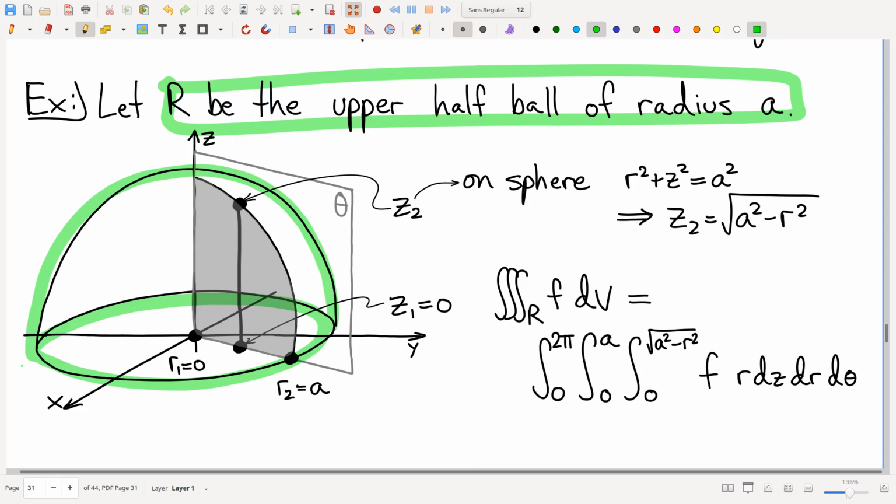Now you'll notice that the very first thing I've done here is I have rewritten my dV. Notice I already didn't forget my r. dV, dx, dy, dz is absolutely not the same as dz, dr, d theta, but it is the same as r dz, dr, d theta.